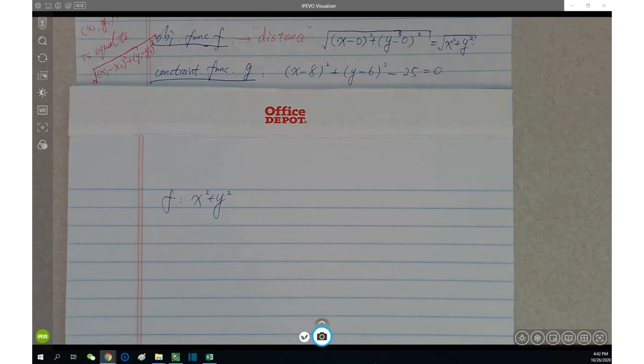Because it's not going to change where the minimum distance is. Exactly right. It won't change the x and y value, which are the coordinates of the point we are looking for. And it won't change the minimum distance either.